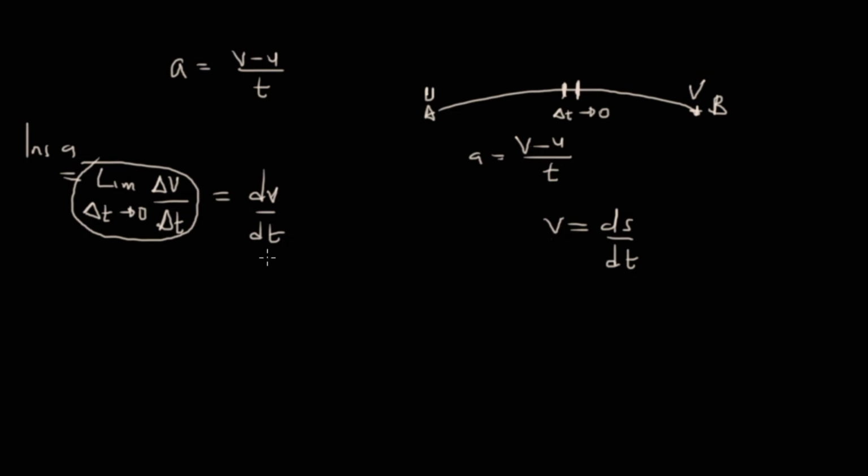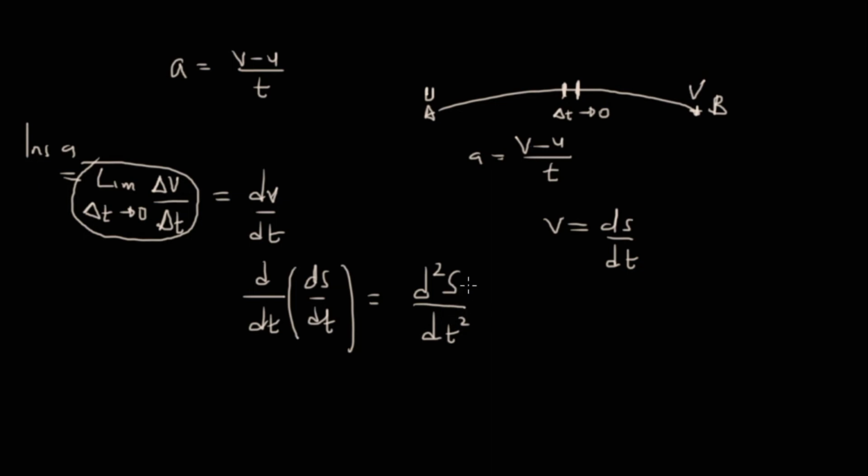So in this case, we can say that dv/dt will now become, instead of having v, we will have ds/dt. So this can be represented as, that means we are differentiating s with respect to t the second time, so that's going to be d squared s upon dt squared. So this is where s is the distance or the displacement.